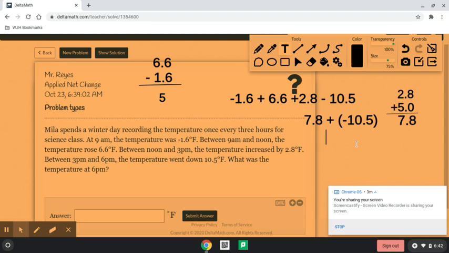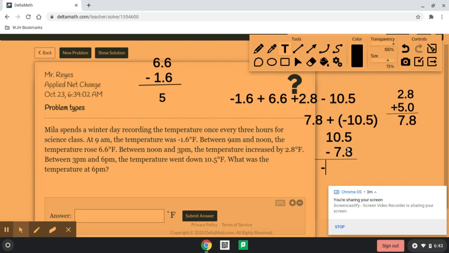So 10.5 minus 7.8. And the very important thing to remember here, it's going to end up negative because the negative one is larger.